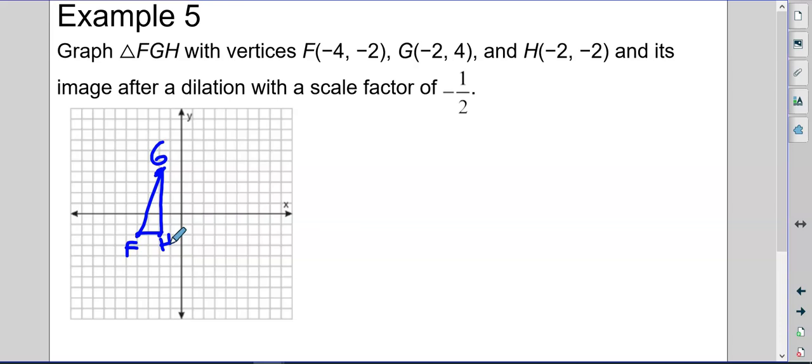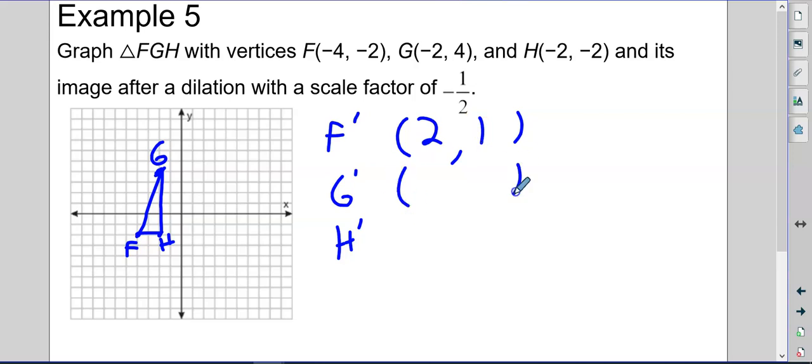A scale of negative 1/2. So we're going to multiply everything by negative 1/2. So 1/2 of 4 is 2, and negative times negative is positive. Or negative 4 divided by negative 2 is positive 2. Negative 2 divided by negative 2, because that's the same thing as multiplying by negative 1/2, is positive 1.